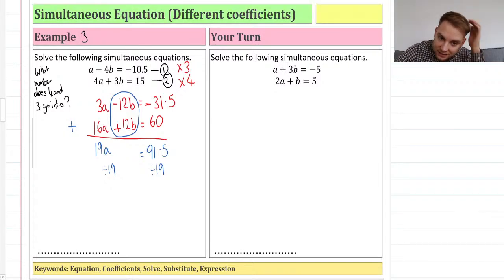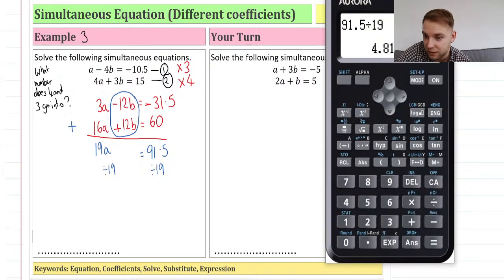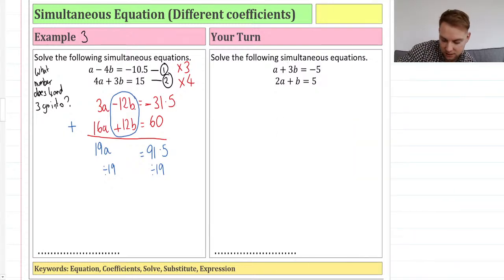And then when I add these together, minus 31.5 plus 60, let's do that on the calculator. Now this one is hard, but that's why we're doing it. Minus 31.5 plus 60 is equal to 28.5. That makes more sense. So I just need to change that to 28.5.